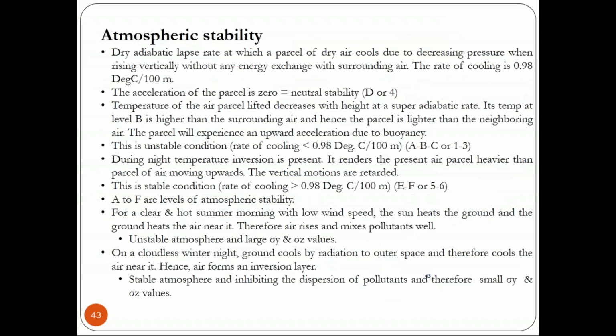Under this stability, dry and wet adiabatic processes due to the atmospheric condition, and these six stability classes can be classified. If acceleration is 0, then neutral condition will be created. Acceleration of 0 means there is nothing, calm condition we can say, sorry.